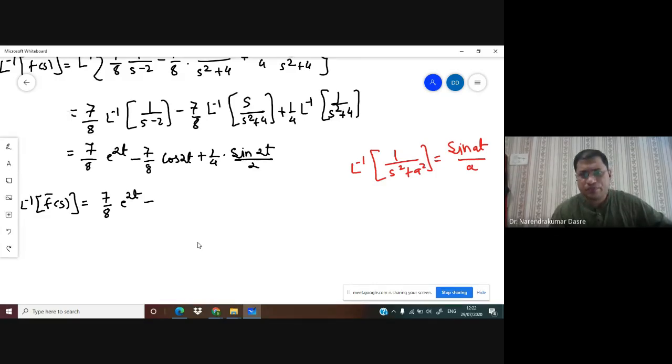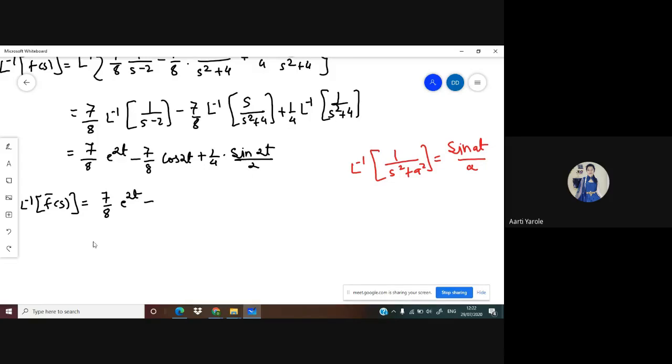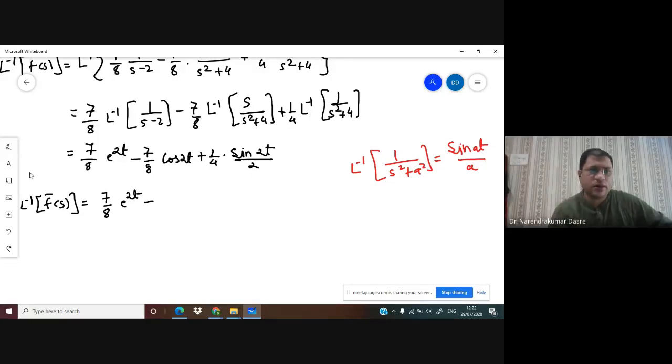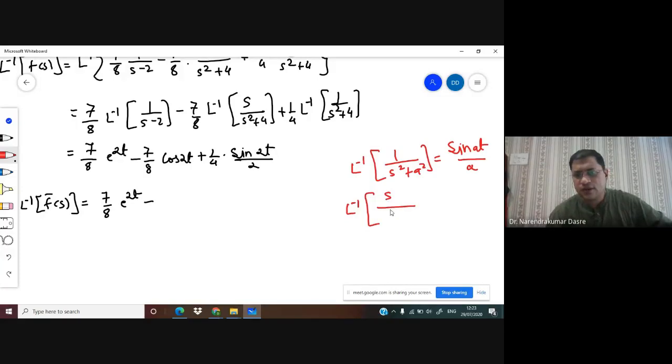Is that okay? Yes, then why don't we have that in cos 2t? Yeah, great. So the formula for cosine is what? The inverse Laplace of s upon s square plus a square is equal to cos of at.